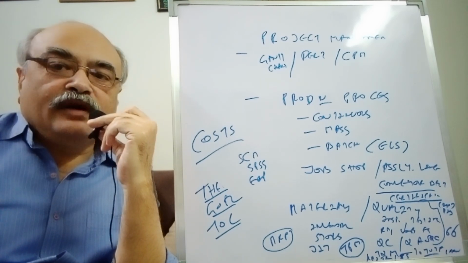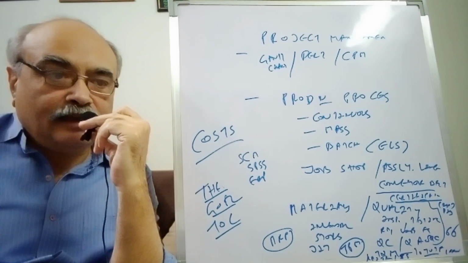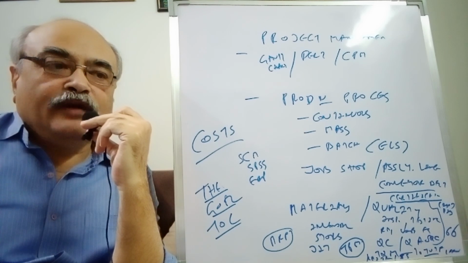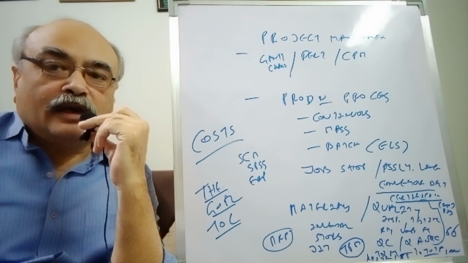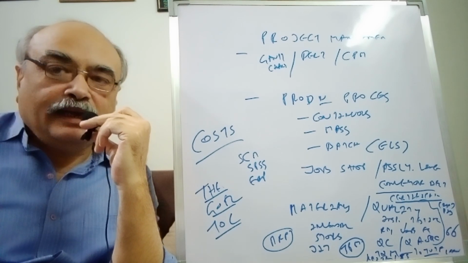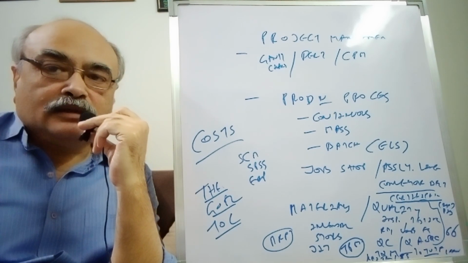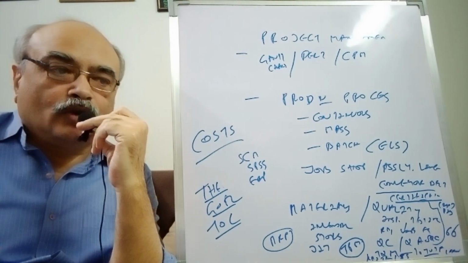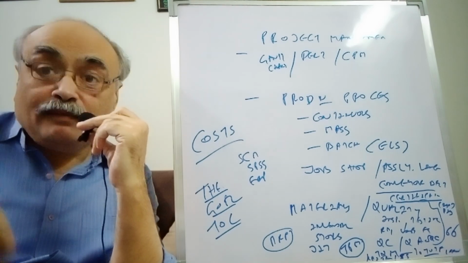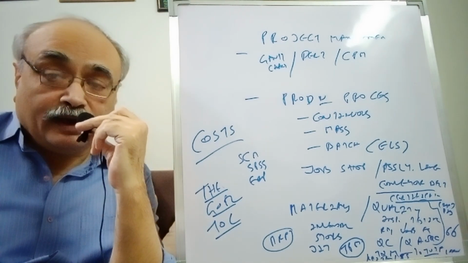But if you don't carry enough inventory, then maybe you can't produce in time, or you can't fulfill orders in time, and there is the problem of stock-out costs. You are unable to supply to your customers on time, and customers may buy from somebody else. If somebody wants your product and it is not available, he will not wait for it.